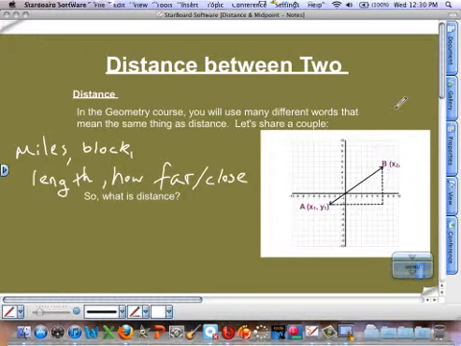All right, so we need to think about what is distance. Again, it's actually not too bad if you think about it in very simple terms. Think about a number line. Let's say that on my number line, I start over here at 3. And I count until I get to 10. What's the distance I've traveled?